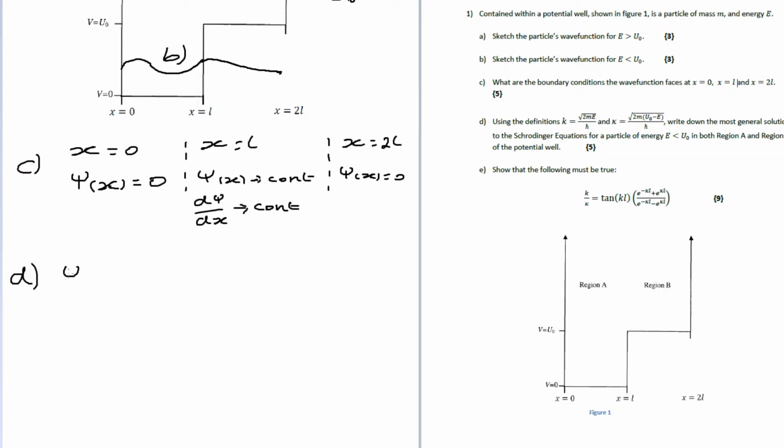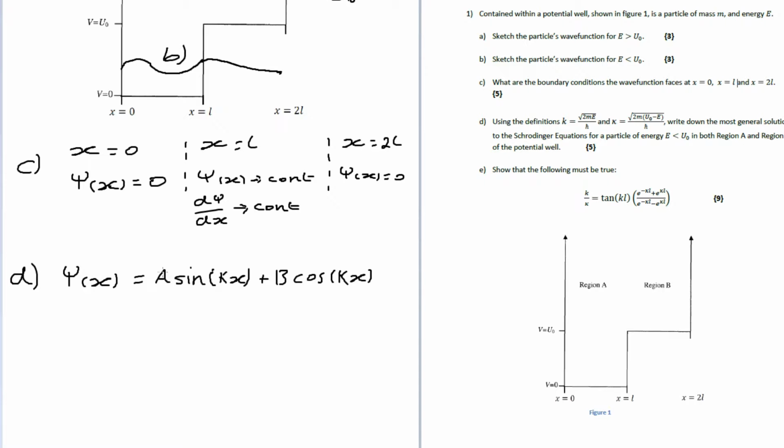So our wave function, psi of x, has the form A sine, and we're in this region A, so we're dealing with k. So A sine kx plus B cos kx.